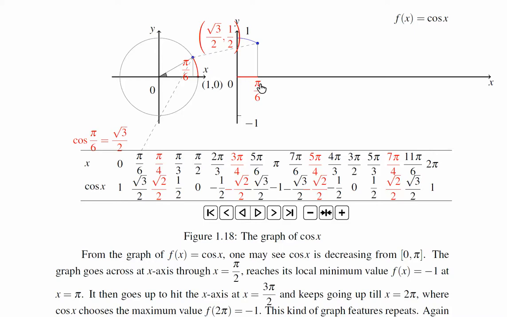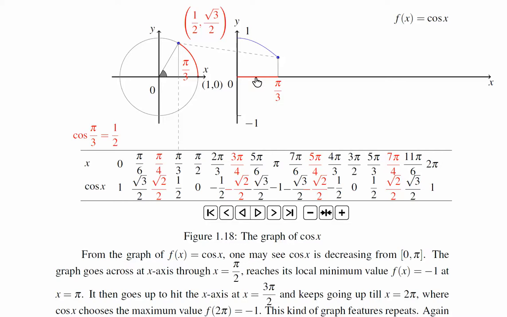You see, when x is pi over 6, the length of the x-coordinate is radical 3 over 2. And then you move x with the equal increment pi over 6, then it goes to 1/2.